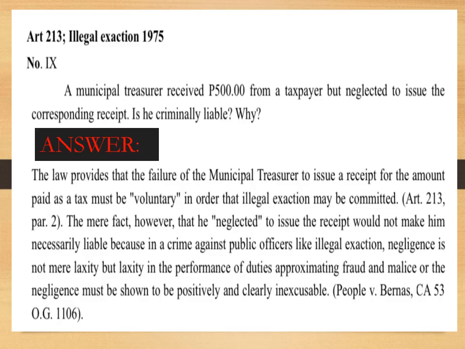Number 9. There was this municipal treasurer who received 500 pesos from a taxpayer, but he neglected to issue the corresponding receipt. Is he criminally liable? Why? Answer: the law provides that the failure of the municipal treasurer to issue a receipt for the amount paid as a tax must be voluntary in order that illegal exaction may be committed. I told you to take note of the word voluntary. But in the problem, he said he neglected.